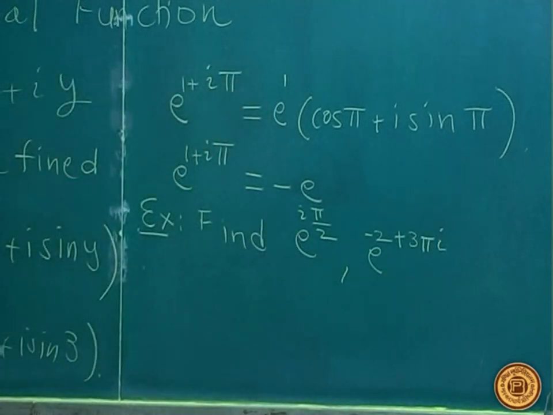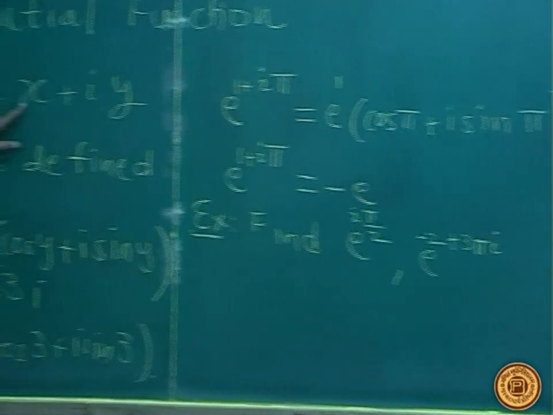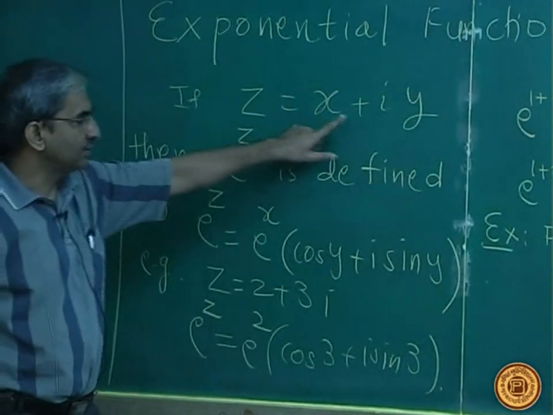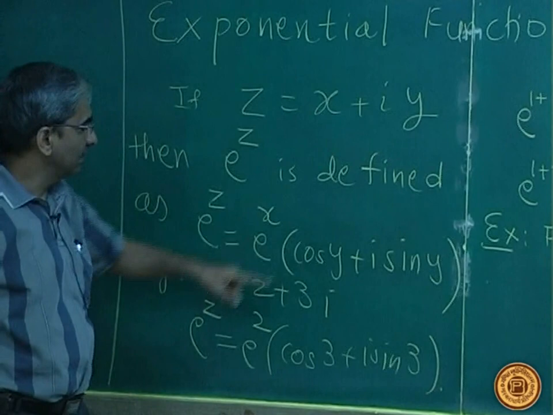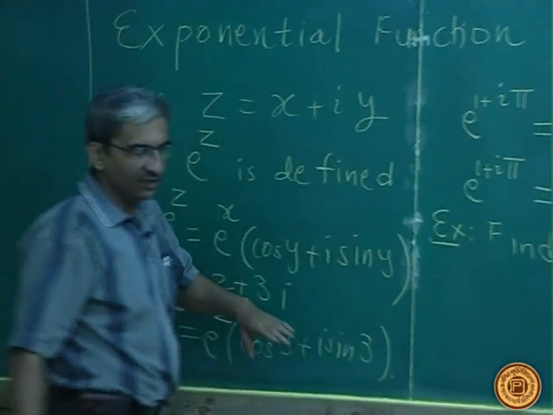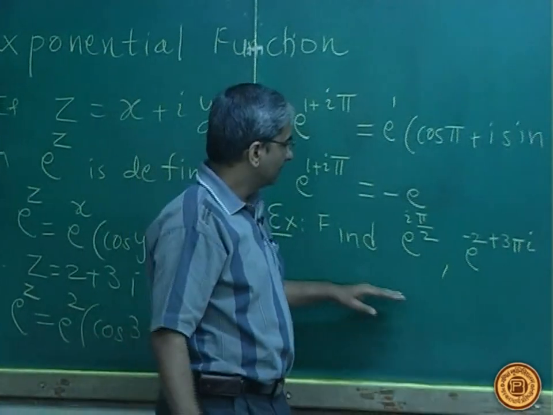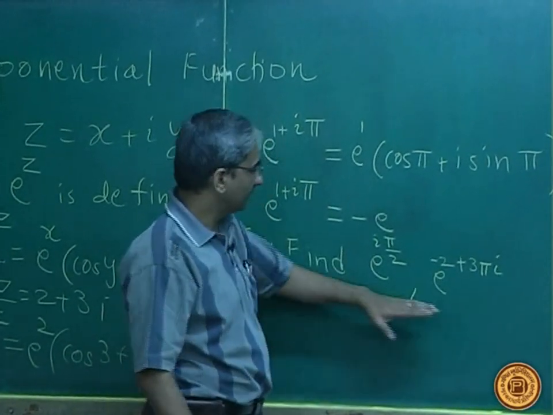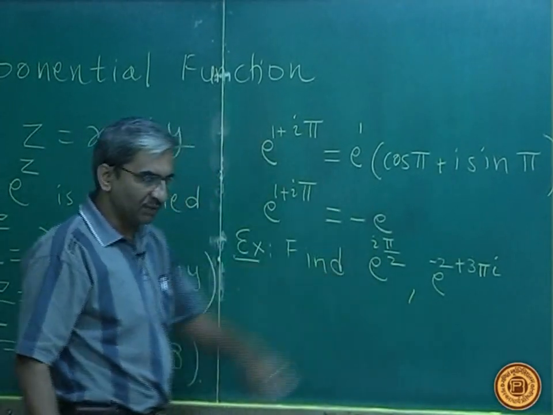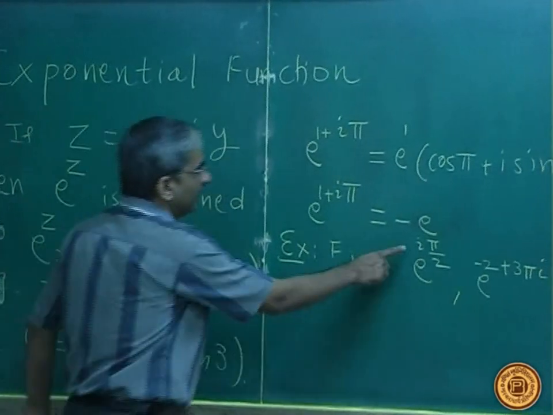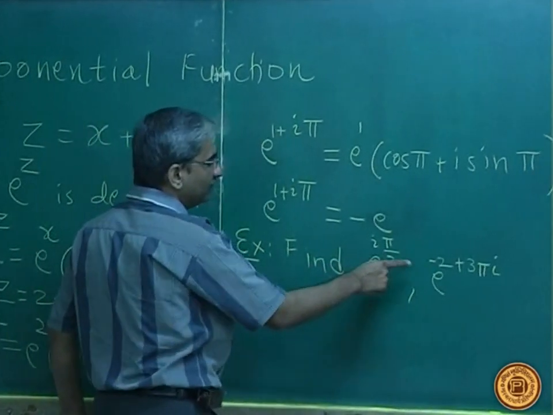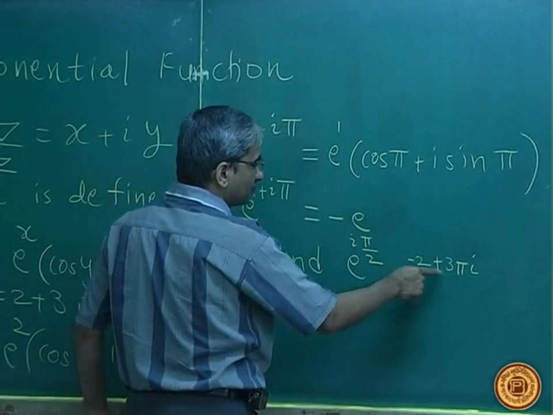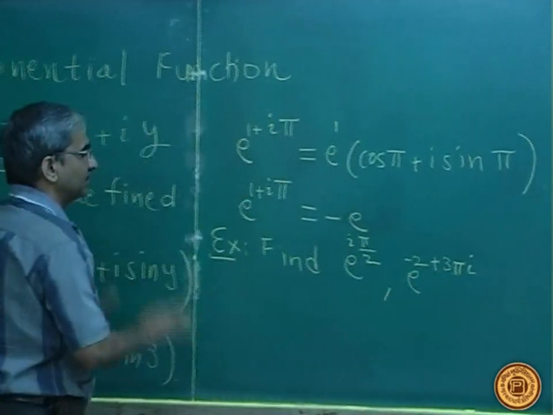You just see what is x, what is y, and then put in the formula e to the power z equal to e to the power x into cos y plus i sin y. Here x is 0, y is pi by 2; x is minus 2, y is 3 pi. Just substitute, that's it.